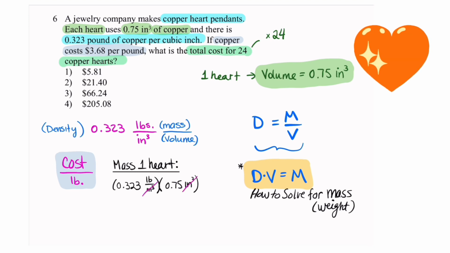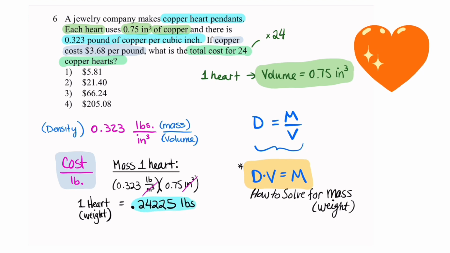We get the cubic inches units to cancel out, leaving us with pounds, the weight of one heart, and that's what we expect to have for the mass of one heart. The number comes out to be 0.24225 pounds, a small fraction of a pound, the weight of one heart.